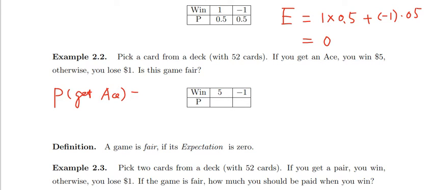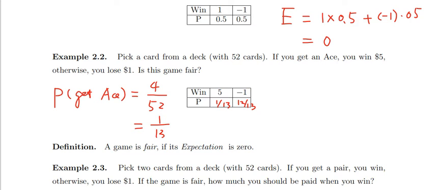We have 4 aces among 52, which is 1 over 13. So 1 over 13 is the probability you can win, then 12 over 13 is the probability you cannot win. So this game is clearly not fair.